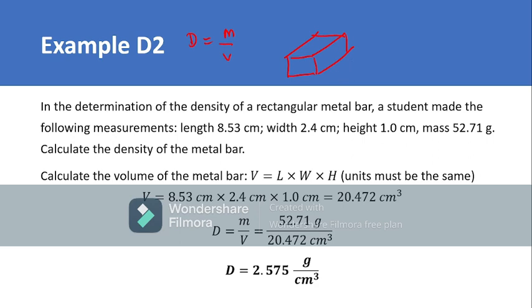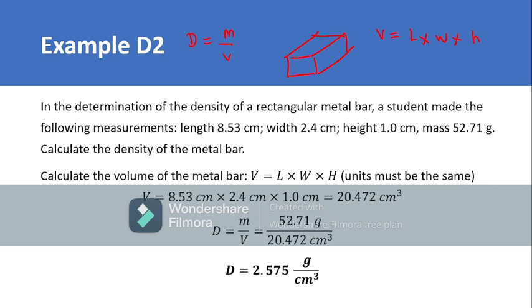So, we need to calculate for the volume using the formula for the volume of the rectangular metal bar. So, ang volume niyan ay, remember, length times width times height. So, the units must be the same. Kung ang length mo ay in terms of centimeter, dapat ang width mo centimeter din, ang height mo centimeter din.